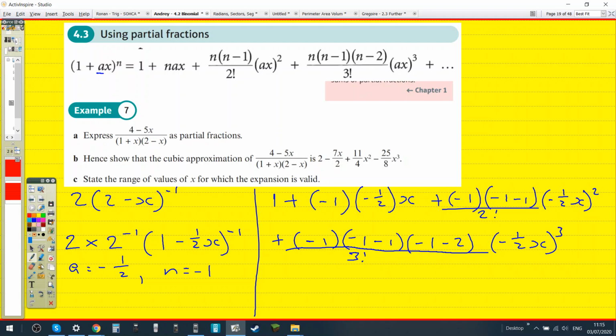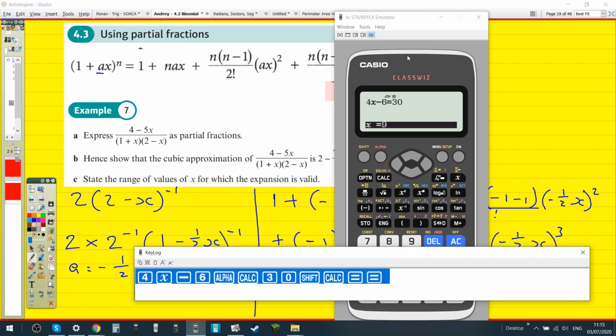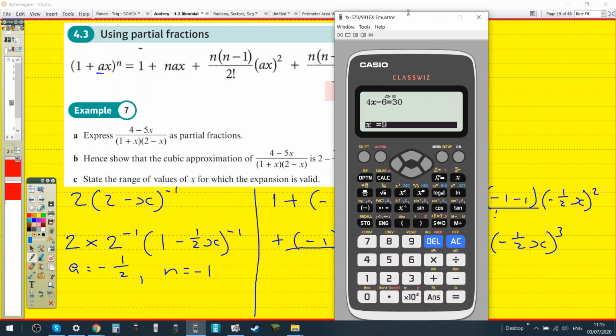That's it. You did a cube one. I'll do the square one. Cool. Let's see.